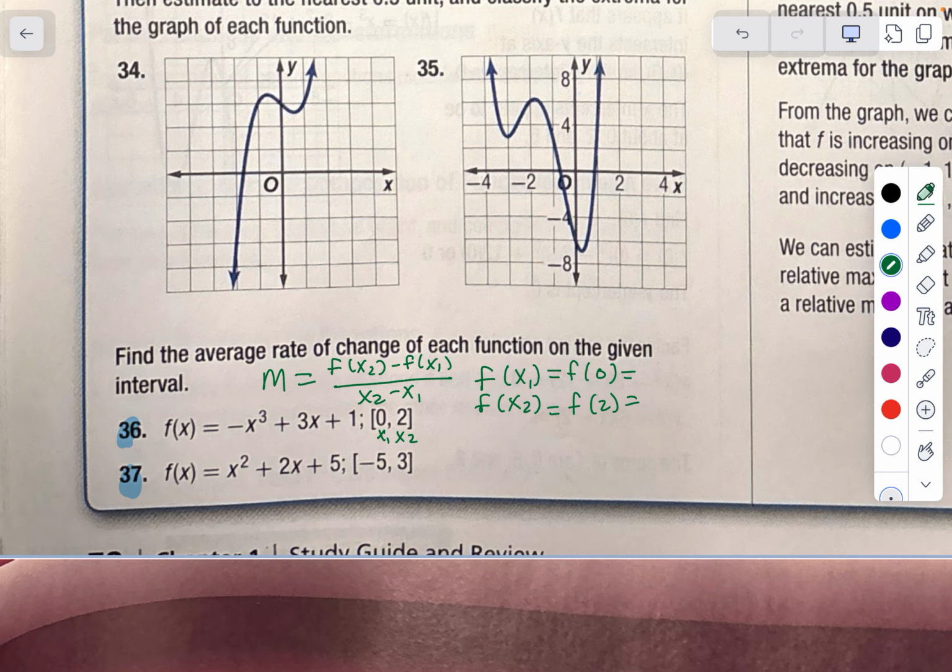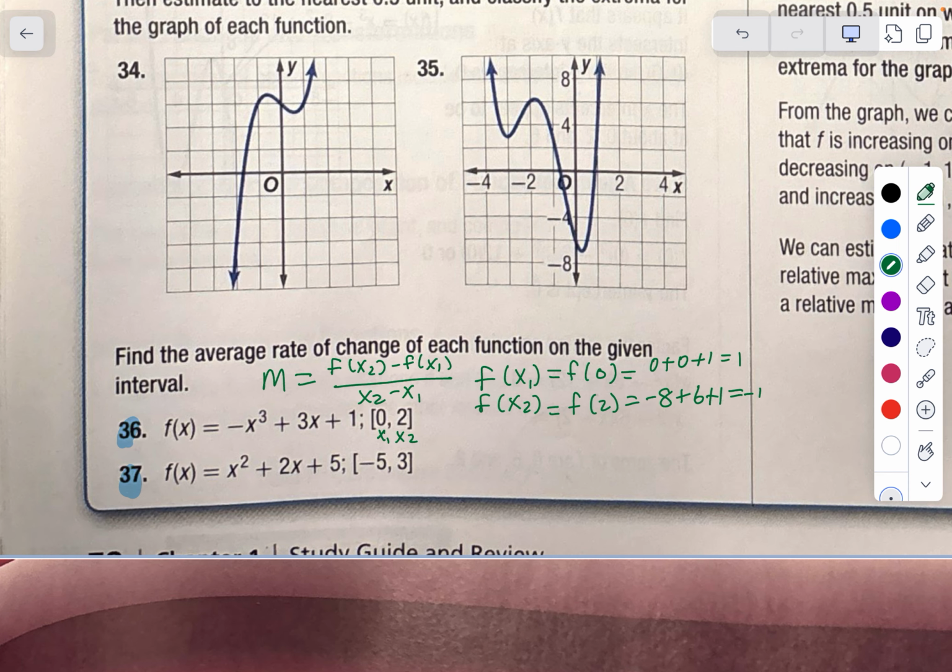So we're really looking for the point that 0 makes and the point that 2 makes. I'm starting at an x value of 0 and stopping at an x value of 2. If I plug in 0, I get 0 plus 0 plus 1, or 1. If I plug in 2, I get negative 8 plus 6 plus 1, or, no, I don't. I get negative 1.